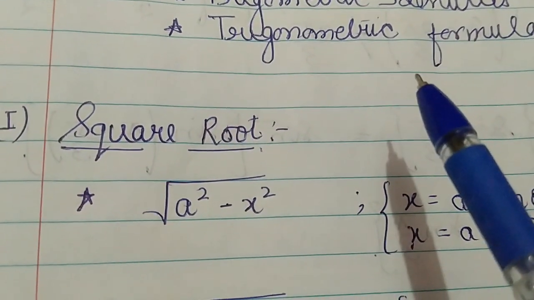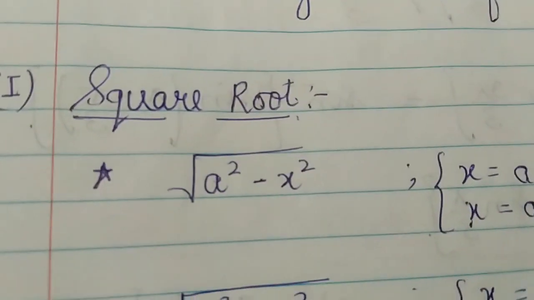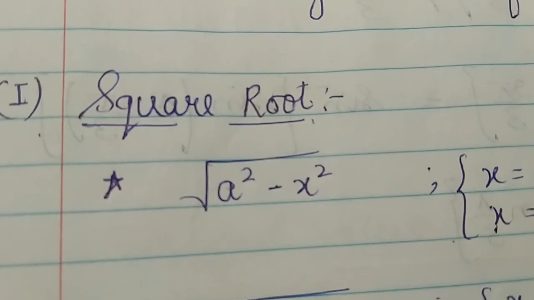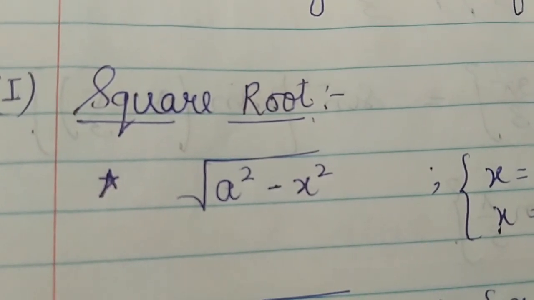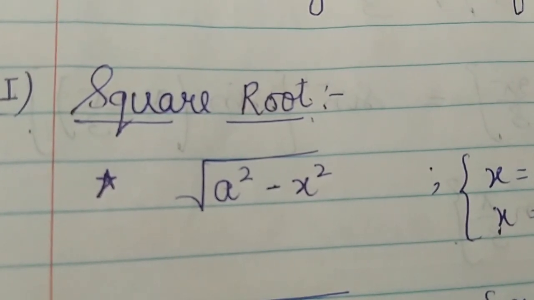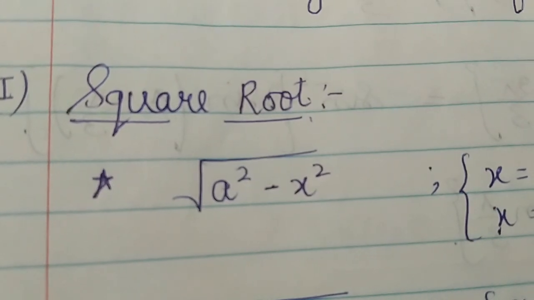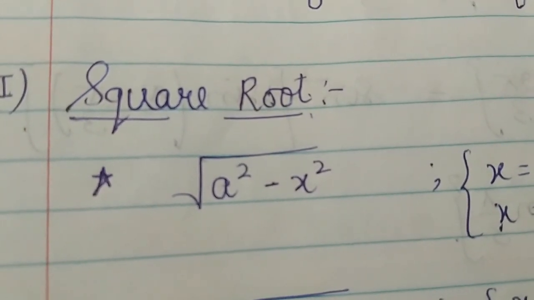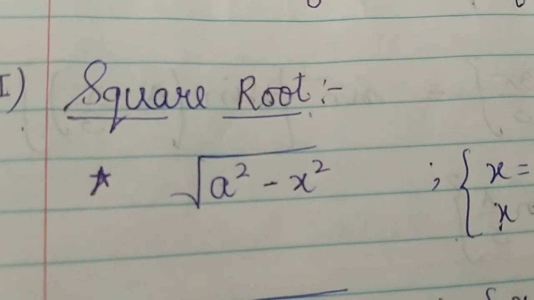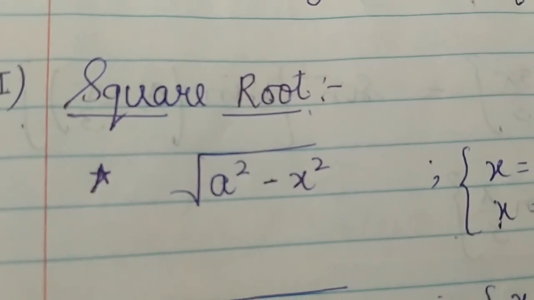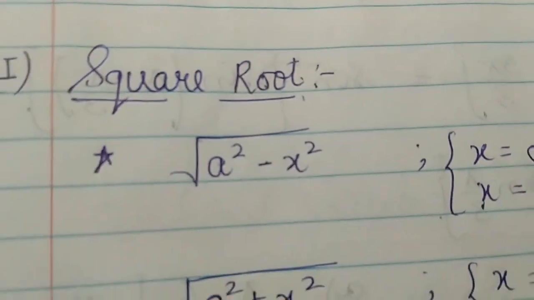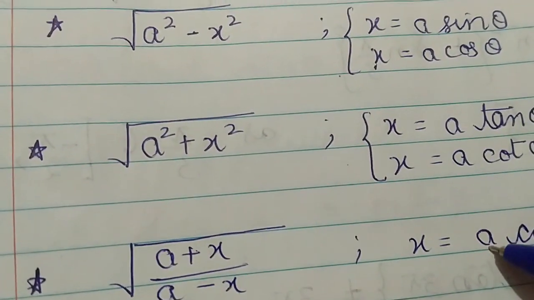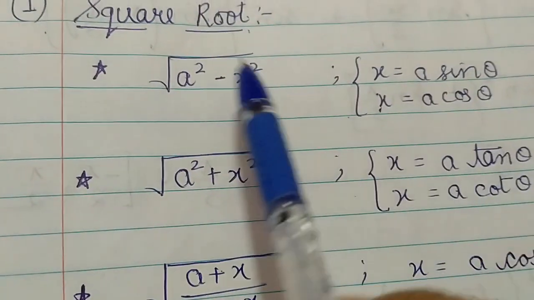In the first step, we should check in the question whether there is any term of square root. If there is a square root term, then the following substitutions can be applied.